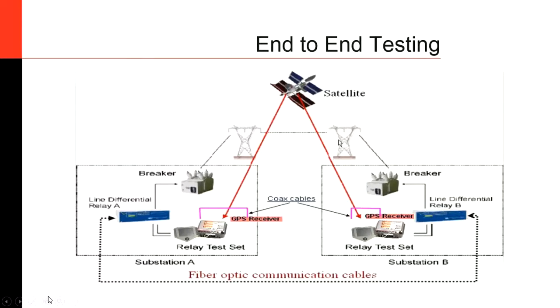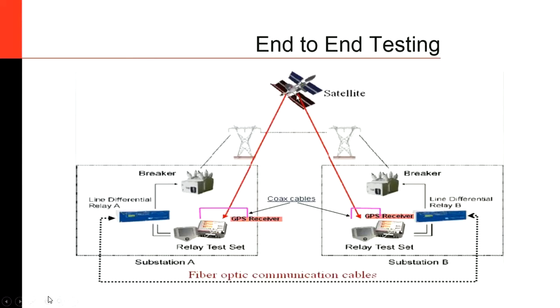The distance between both can be 500 meters, 2 kilometers, or 200 kilometers. Now, the only way to guarantee that the test begins at the same time on both ends of the line is to have a common time source, okay?